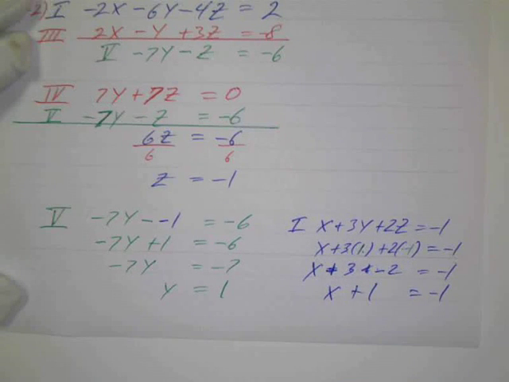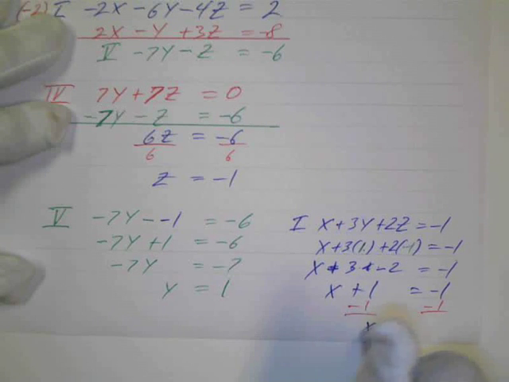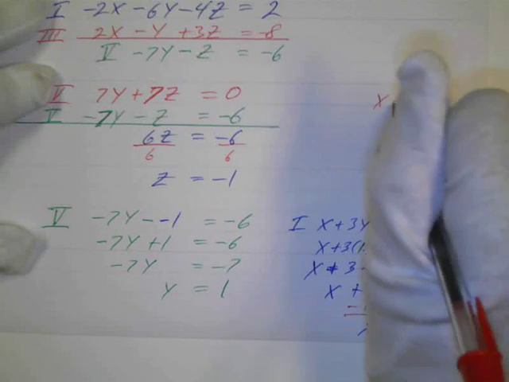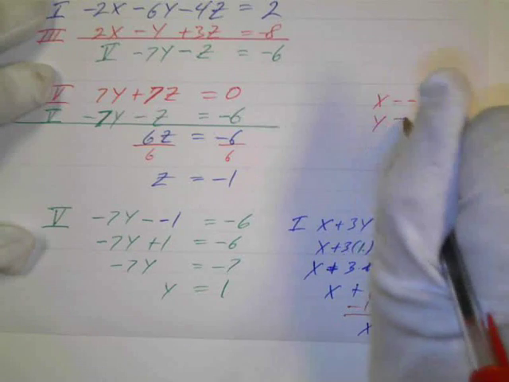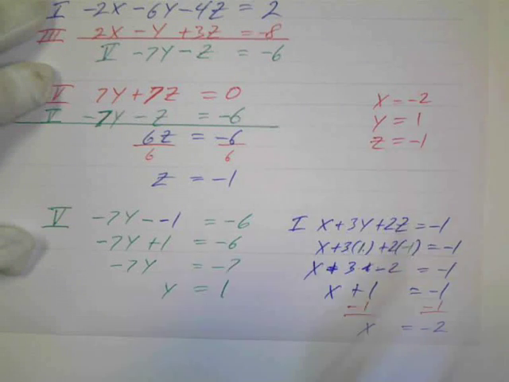And then if I subtract 1 from both sides, I end up with x equals negative 2. So those are your three answers. You could write that over here: x equals negative 2, y equals 1, and z equals negative 1.